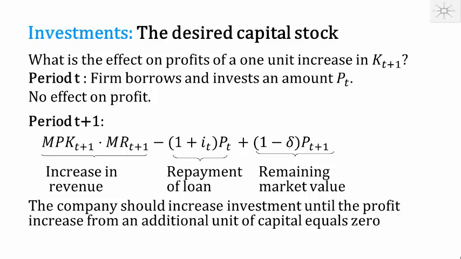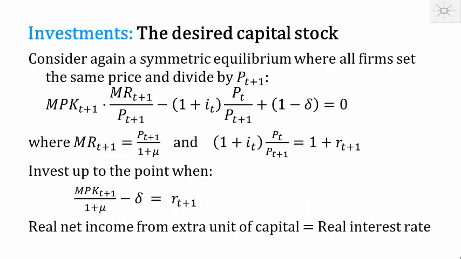And of course the company should increase investment if this whole sum is a positive number. So you increase investment until the point where this is 0. So a further increase in the capital stock does not increase profit. So we now consider a symmetric equilibrium.